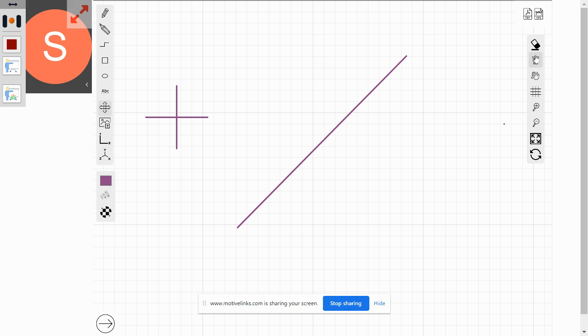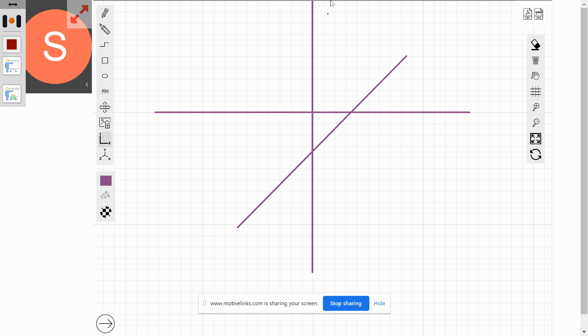Sorry about that. It's kind of glitchy. Okay, let's start working on this. Now, here's another way.